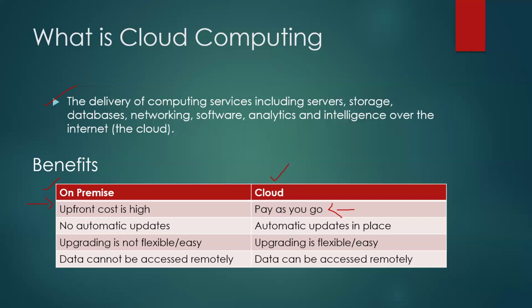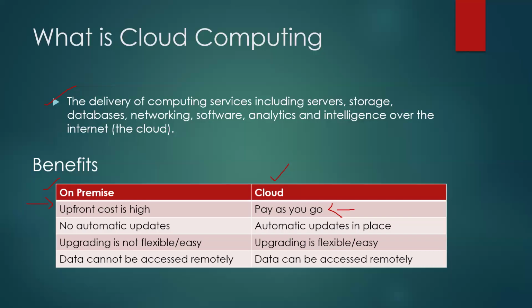What do I mean by brainstorming in this case? You no need to worry about the hardware, the licensing, the configuration, or the staff and the maintenance of them. Everything will be taken care of by the cloud computing service provider in a pay as you go model. But on-premise, everything has to be taken care of by the company itself.